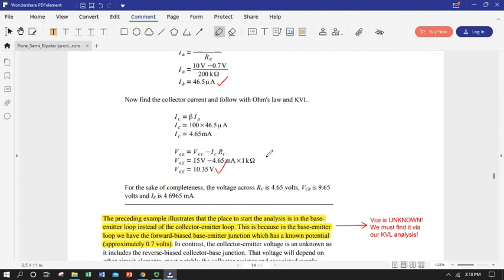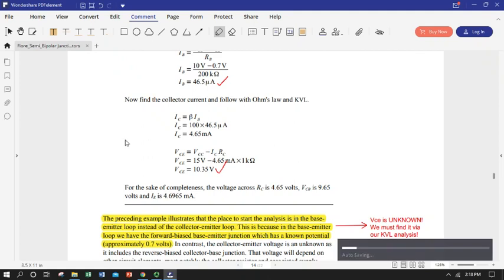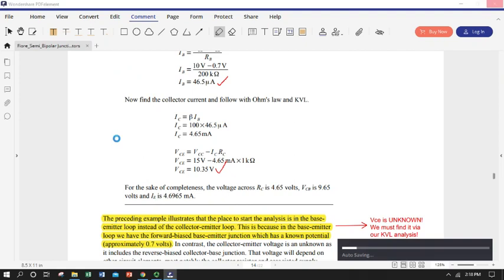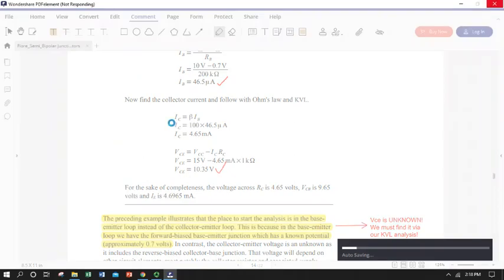They all have to add up. If we need to use beta to solve for a collector current based on our base current, we can do that if we have beta. We can assume a beta if we need to. But we're going to see next that there's some cases where the external circuit doesn't let us get all the way to beta. And that is a special case of the transistor operating in what is called saturation.